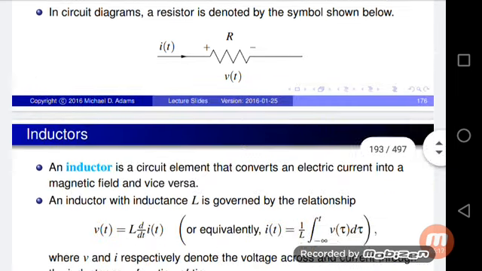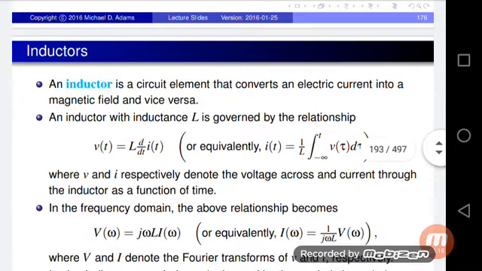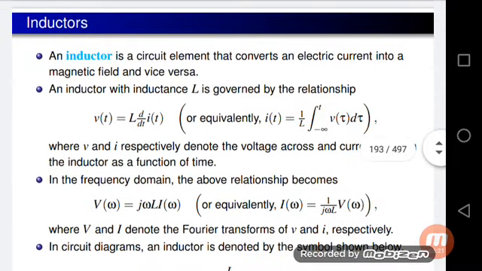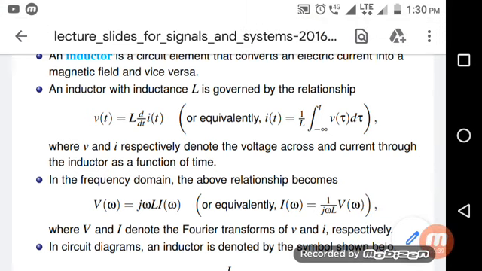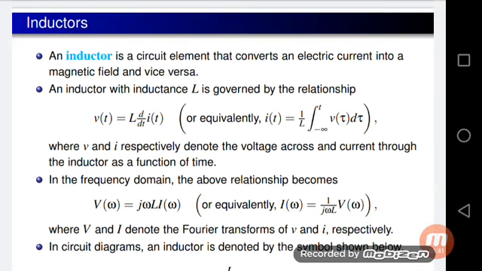And the next one is the inductor. An inductor is a circuit element. It is also used to convert electric current into a magnetic field and vice versa.